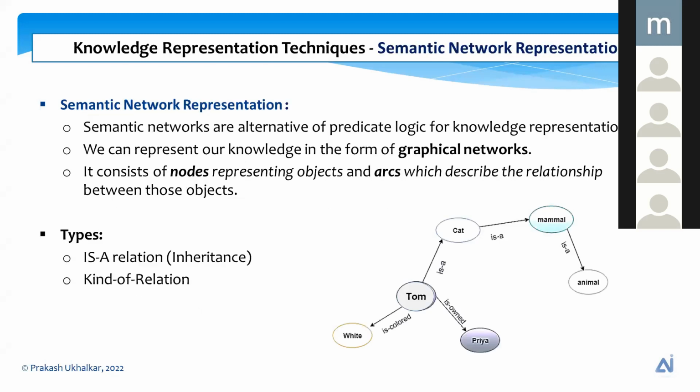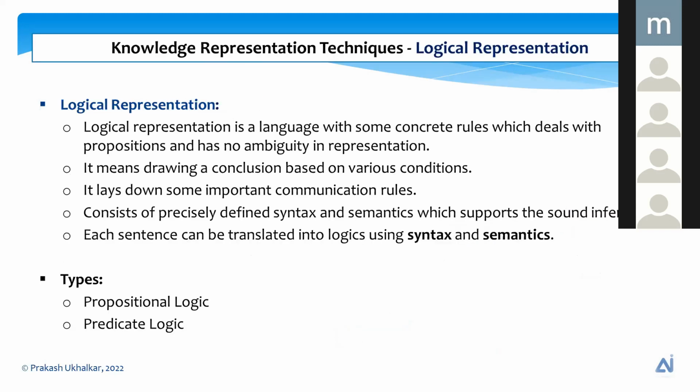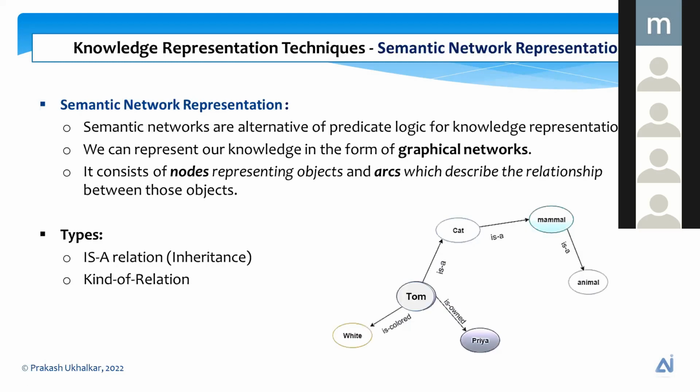Then we have semantic network representation. Semantic networks are basically an alternative to the earlier one, logical representation, predicate and propositional logic. The possible types of relations could be is-a relation, that is inheritance, and kind-of relation.